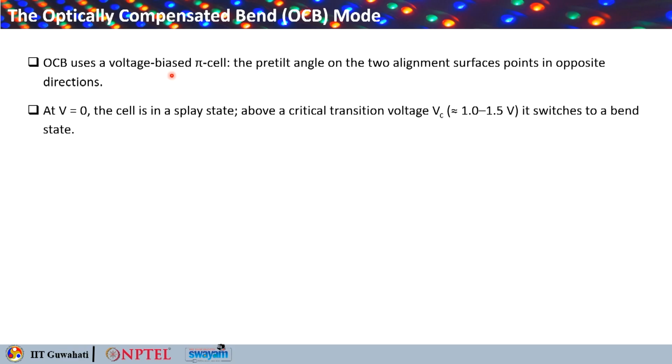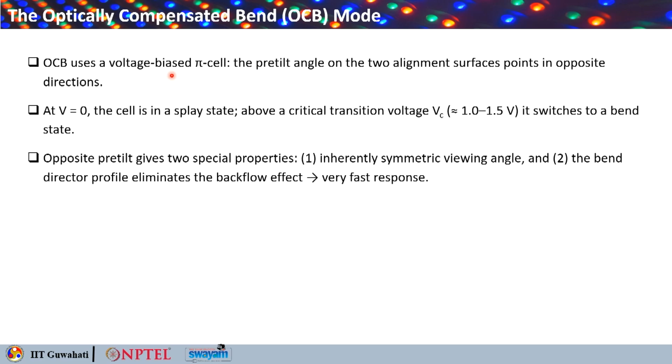At 0 voltage, the director configuration is in a splay state, and once you apply a voltage above the critical voltage VC, roughly 1 to 1.5 volts, the cell switches to a bend state, the operating state that is used for OCB displays.